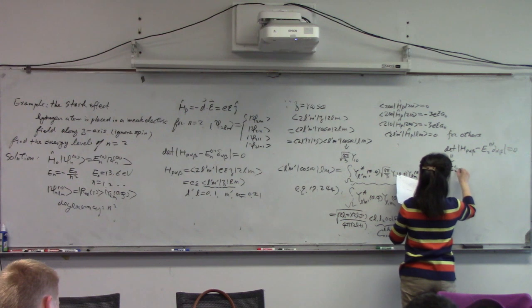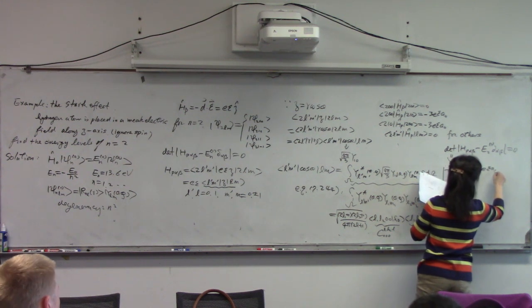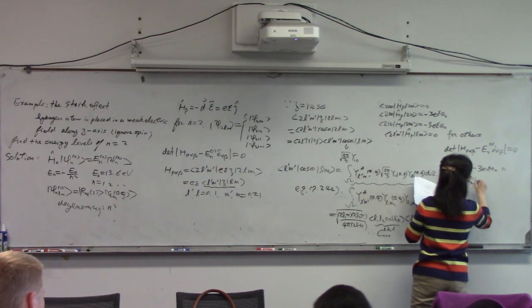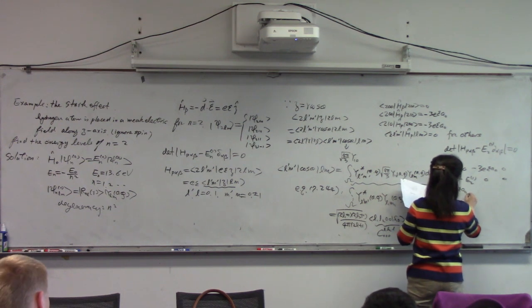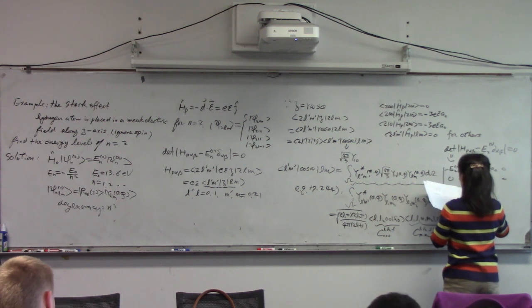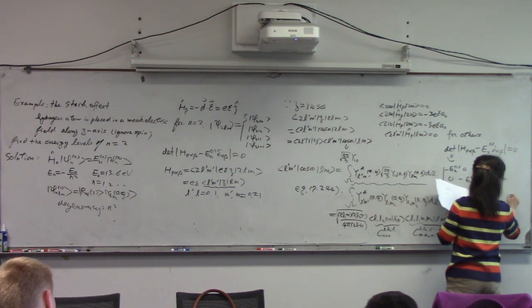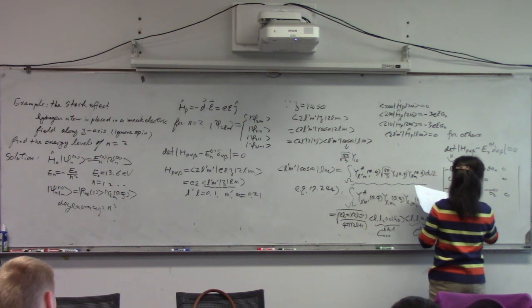Minus E2, 1, 0, minus 3, E actually E naught, 0, 0, minus E2, 1, 0, 0, minus 3, E actually E naught, and 0, minus E2, 1, 0, and 0, 0.